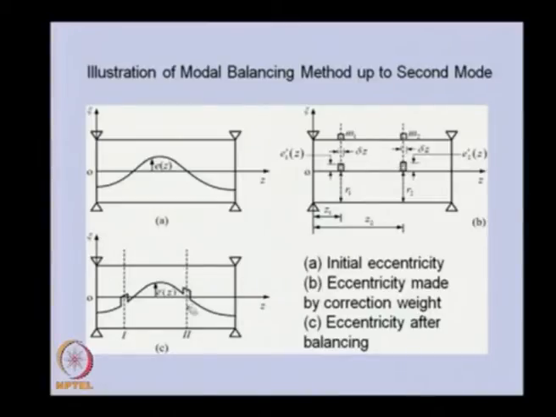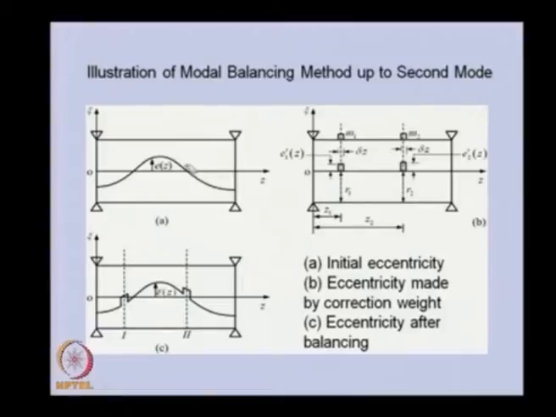Now this is the superposition of these two. That means to balance this residual eccentricity in the system, we have put two masses. How will the eccentricity vary? Because this side is a negative direction, the eccentricity will add up to give this particular shape.